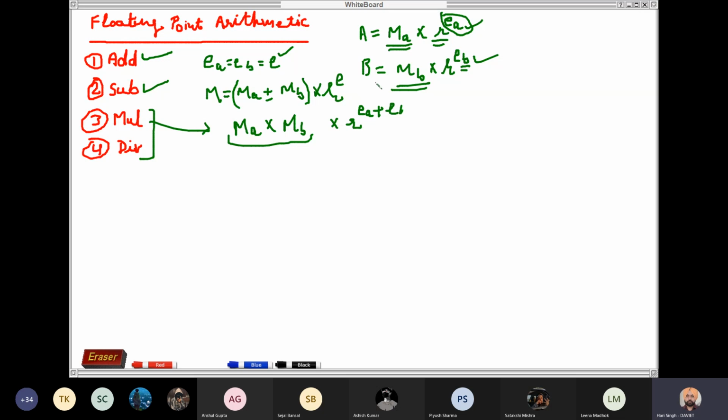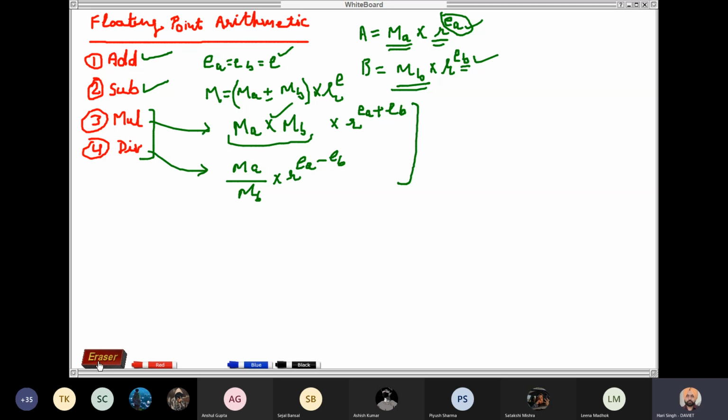So we add the exponent values and the mantissas are simply multiplied. Similarly, in case of division, the mantissa of A is divided by the mantissa of B, and the exponent will be the difference of the exponent of A and the exponent of B. This is the process that we will follow in the coming examples related to multiplication and division.